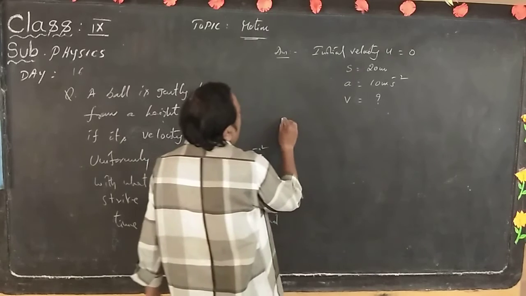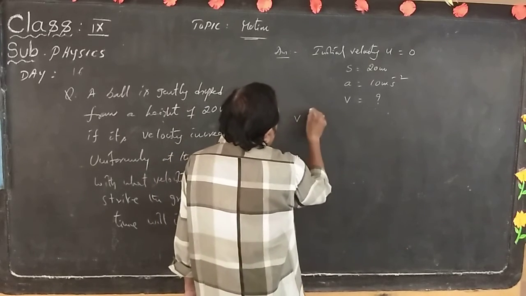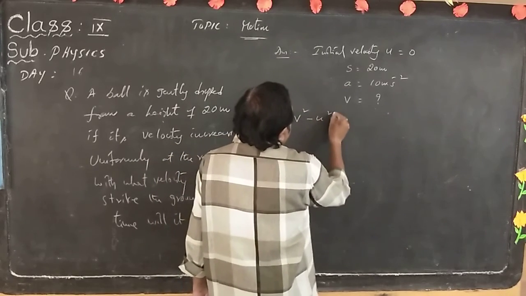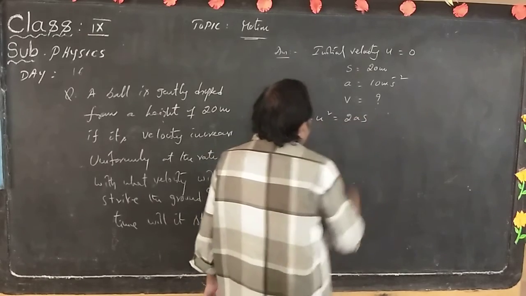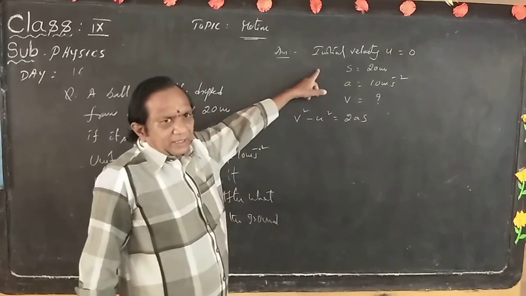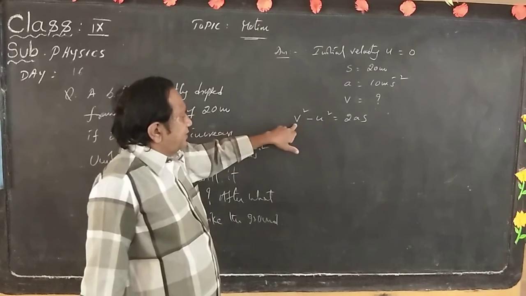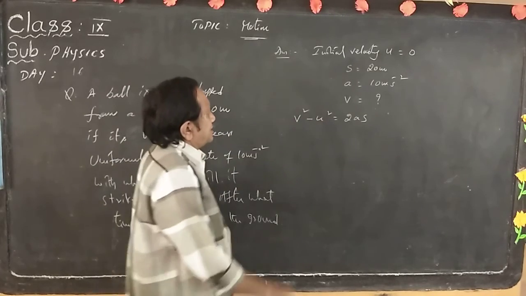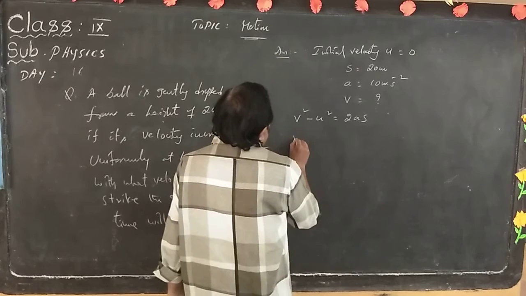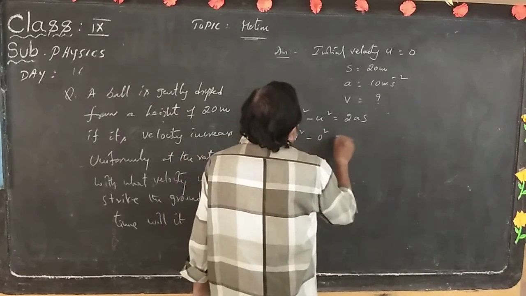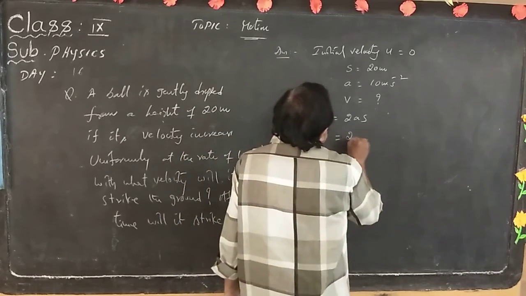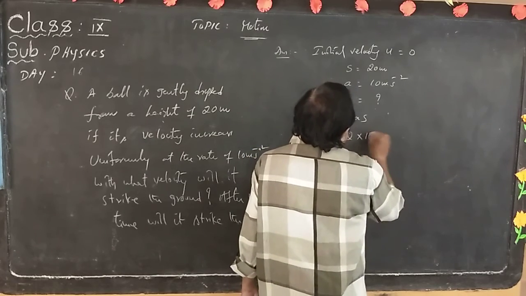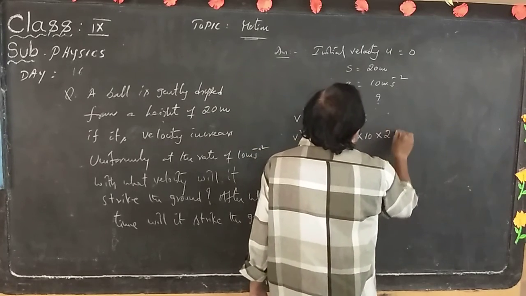So third equation of motion, let's substitute all the values in v square minus u square is equal to 2as. Here time is not given, that's why we consider the third equation. So here v square value I have to calculate. v square minus 0 square is equal to 2 into a 10 into s 20.